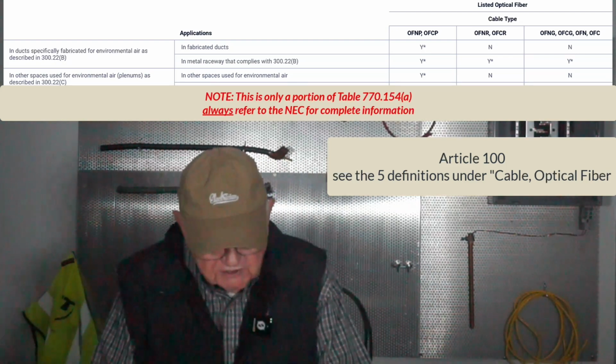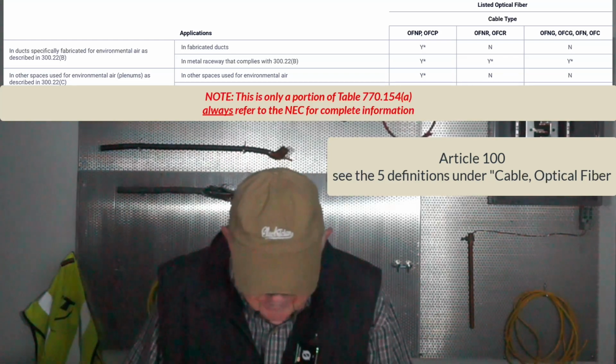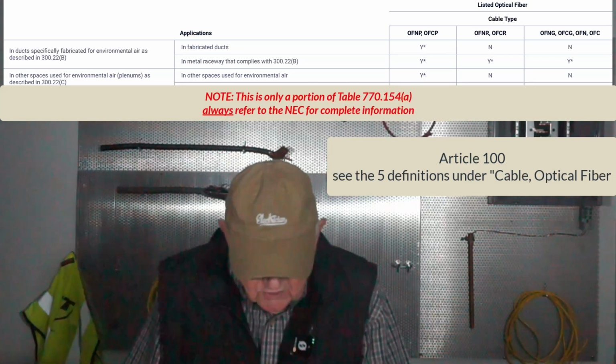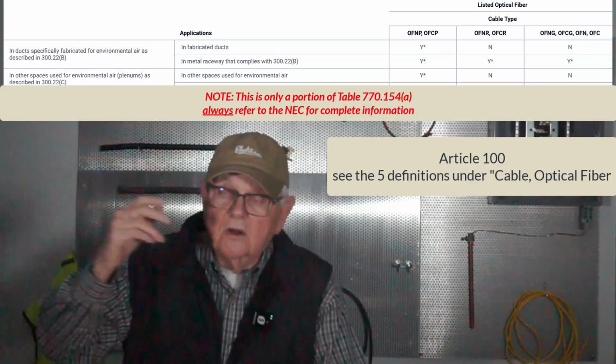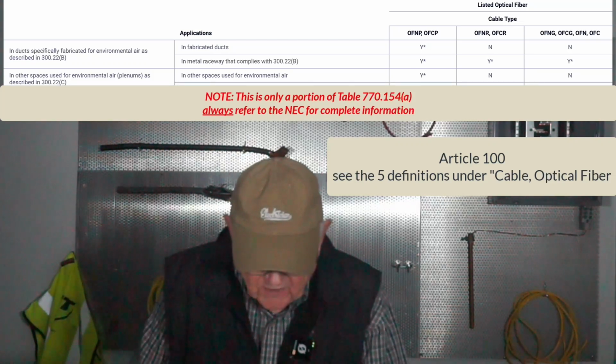I read across, it says, what's the application? Fabricated ducts and metal raceways that comply with Article 300. So I have some fabricated ductwork in my overhead, and I need to run some optical fiber cable through it.